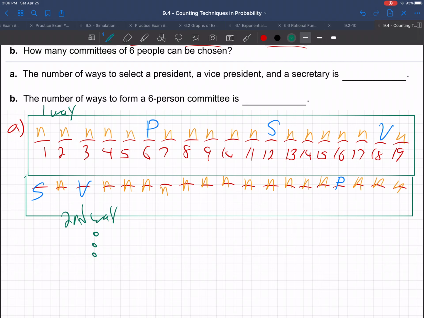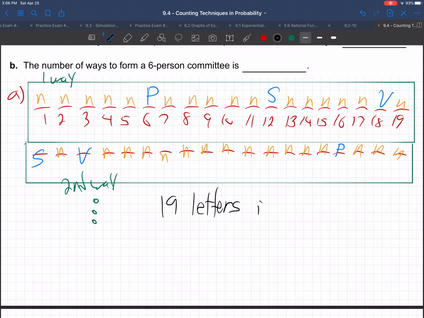Now remember what we've learned. It's basically all the ways you can take 19 letters and put them in order.